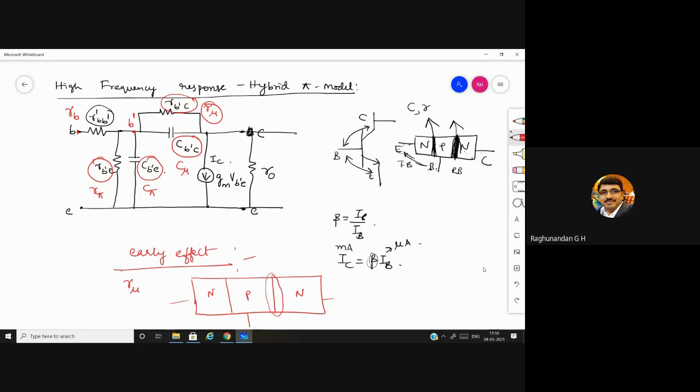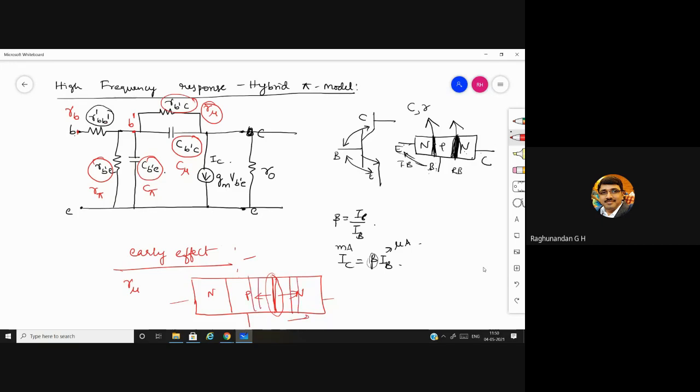I'm just explaining with the block diagram. Assume that the output circuit is reverse biased. When you reverse bias, the depletion layer keeps on increasing. The depletion layer was this much, it got increased to this much. Finally, it got increased to this much.